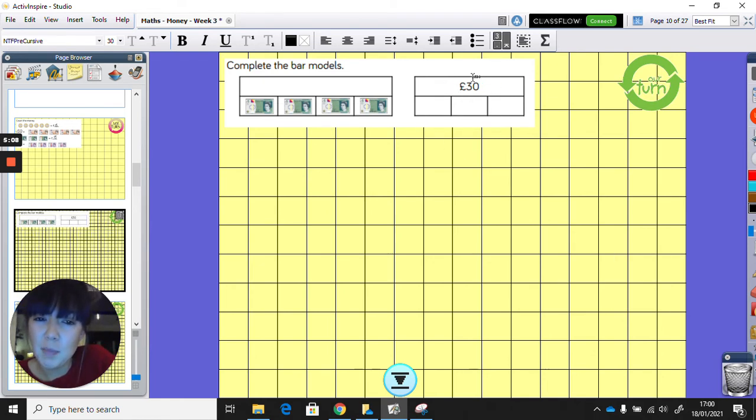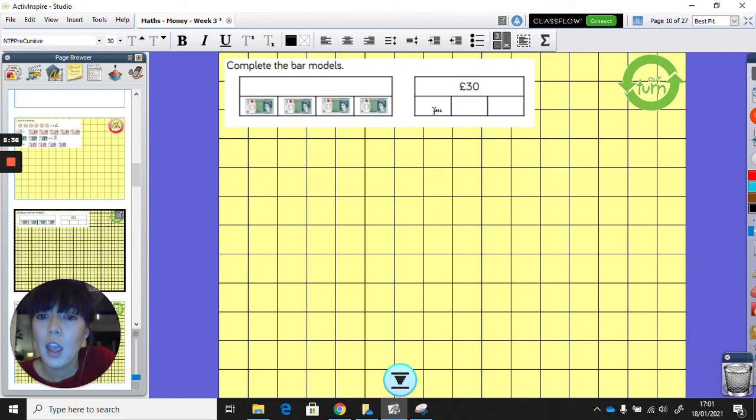You've got £30 at the top in total, and you need to think about what amount of money could go in there. But the tricky thing is, it's got to be the same amount, okay? It can't be a £5 note and then a £10 note and then a £20 note. One, because that wouldn't equal 30, but also because it's an equal amount, okay? Pause the video here and have a go.